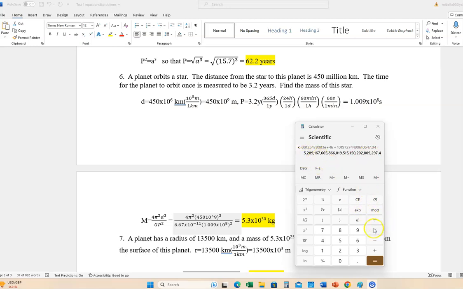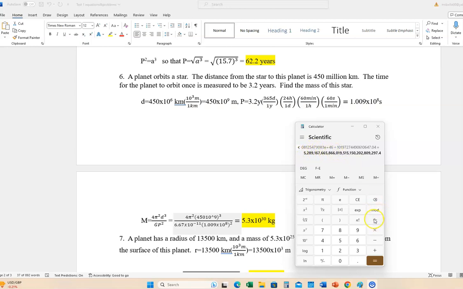to the 30th. If I take this number and divide by 1 times 10 to the 30th, I should get 5.28. This is just to make sure that this number is indeed 5.28 times 10 to the 30th.